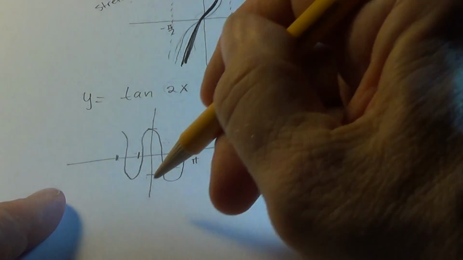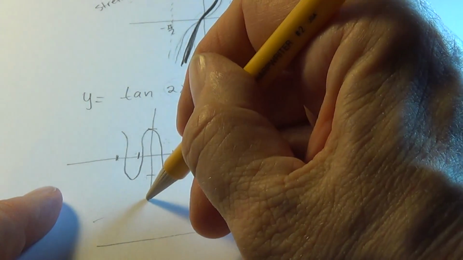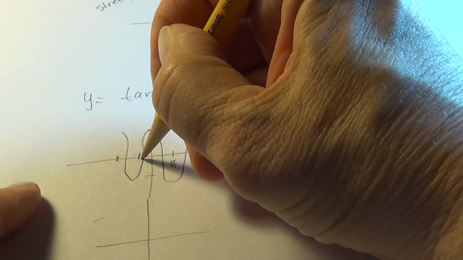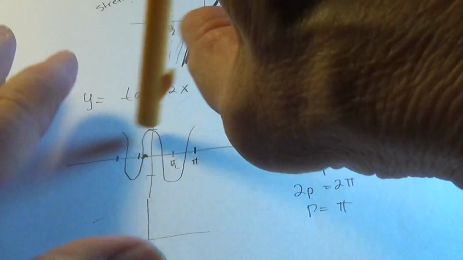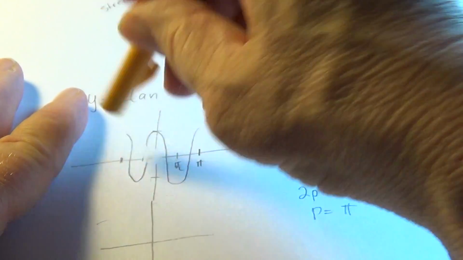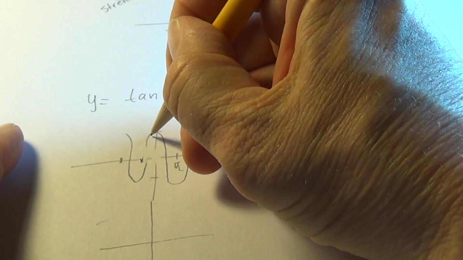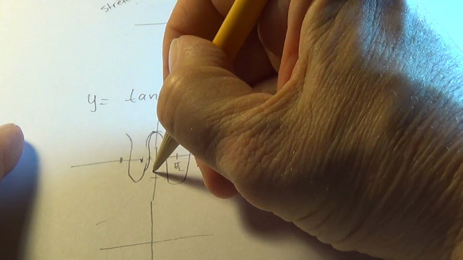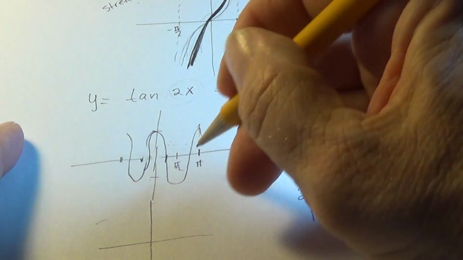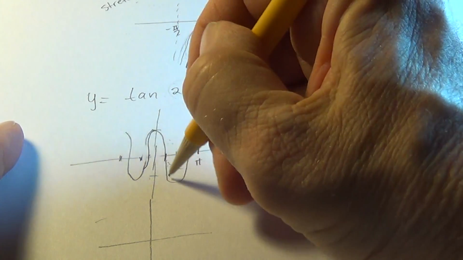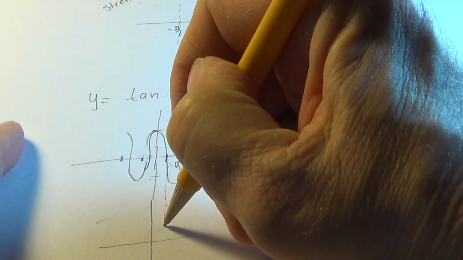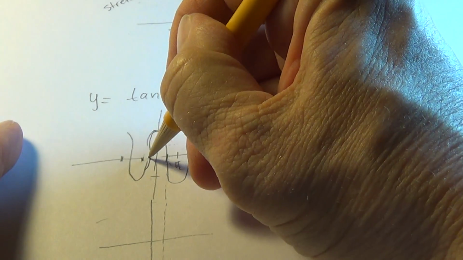So if I'm going to graph tangent from that, anywhere this crosses the x-axis, that's supposed to be right in between these two tick marks. It looks a little off. So this comes down right in the middle here. So this is like pi over 4. So anywhere the cosine curve crosses the x-axis, there's going to be an asymptote below it in the tangent curve.